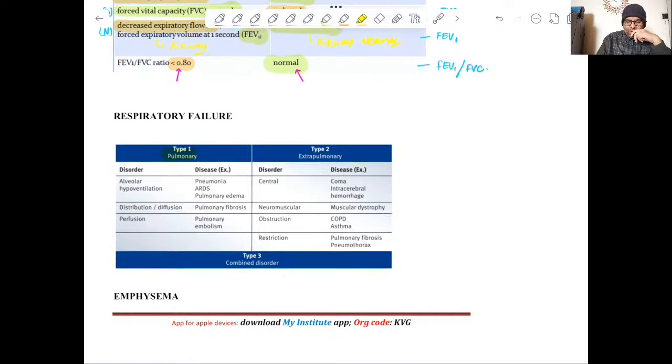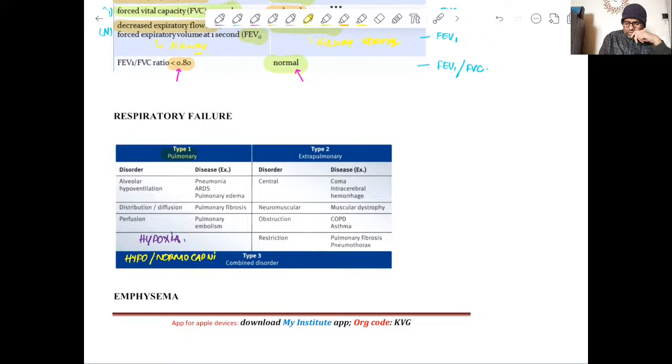In type 1 respiratory failure, there is hypoxia but without hypercapnia, right? So here there is hypoxia but either hypocapnia or normocapnia.